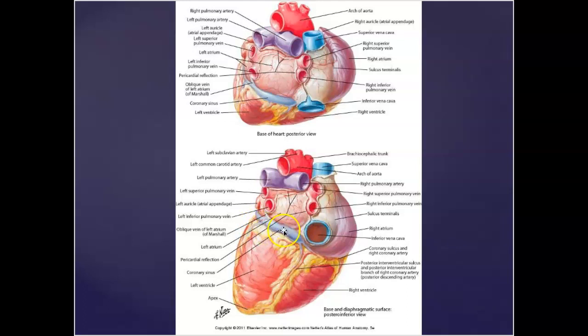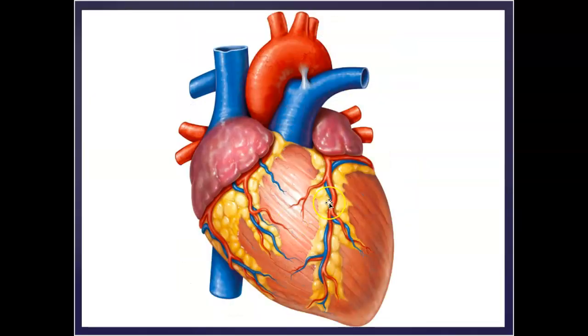Now, there are tributaries that enter into the coronary sinus. Let's go back to this picture here on the front. There's a couple big ones here. The big one right in the front here, along with the left anterior descending or the anterior interventricular artery, this big vein draining the left ventricle, coming back and around, we'll call the great cardiac vein.